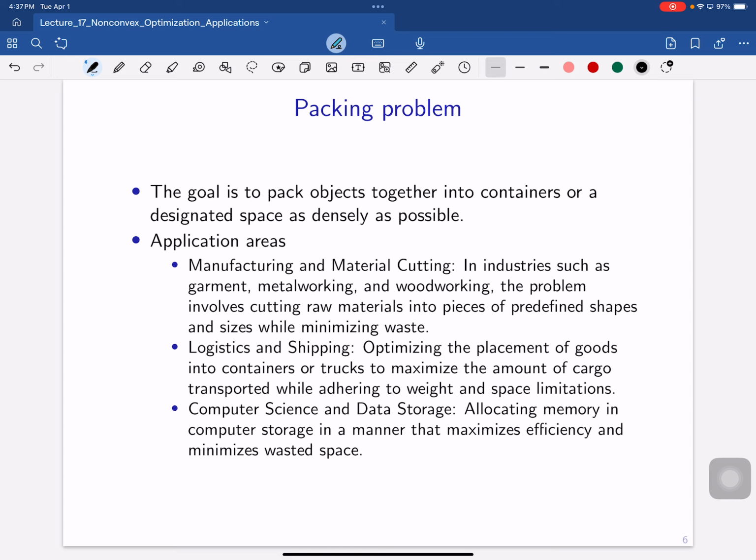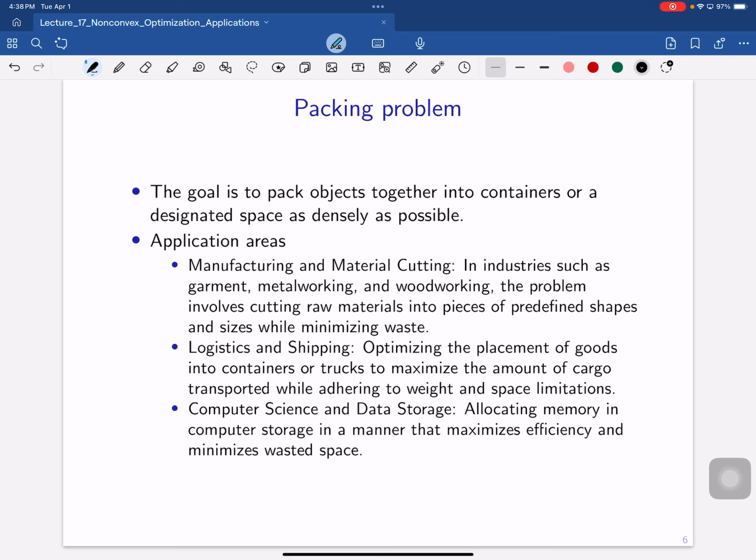It also has applications in logistics and shipping. Imagine you have some cargo ships and a big container. You want to pack items of different shapes into the container such that you can save the number of containers when you are dealing with transportation or shipping.